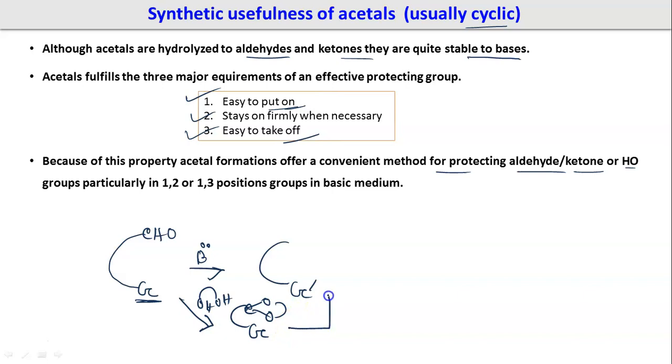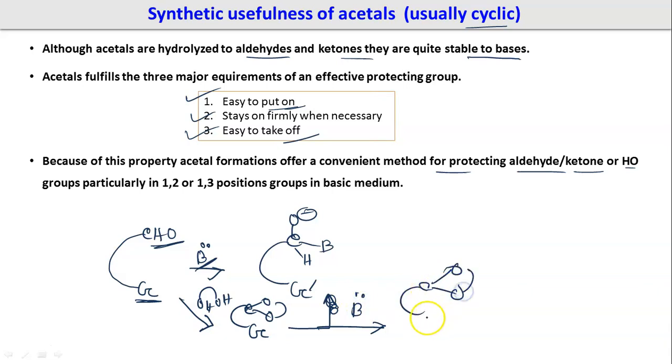So if we follow this rather than this, because if we do this, the base as it is electron rich, it can also attack the aldehyde. As a result, there will be attack by base to aldehyde. So CHO group, it will not remain intact. Okay, there will be attack taking place by the base like this. So that is the reason, first if we protect this and then we are using our reagent base.